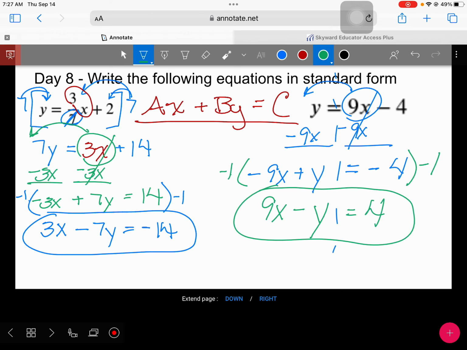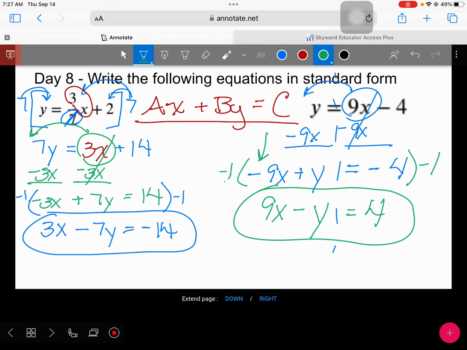Yes. I am multiplying everything by negative 1 because my a value was negative here. Now, you could have also divided by negative 1, because multiplying or dividing by negative 1 gets you the same answer, only a different sign. Did you divide by chance? Or you didn't do either?